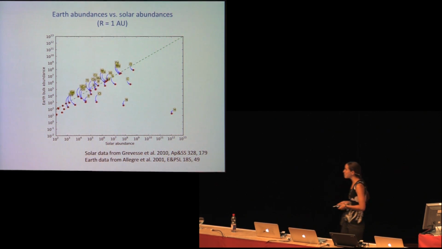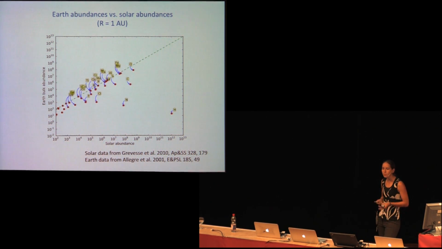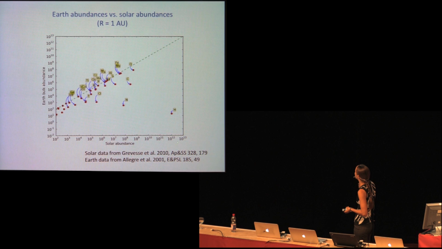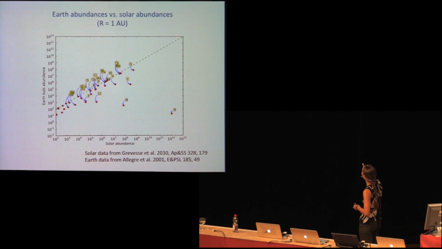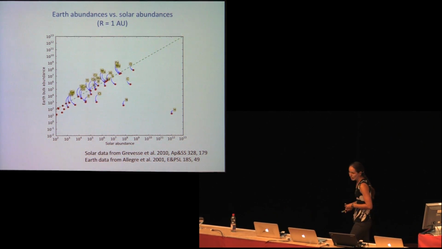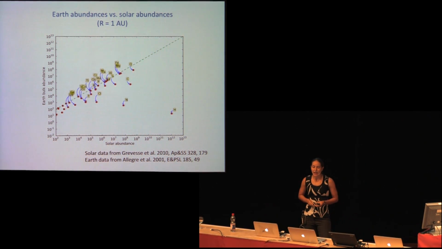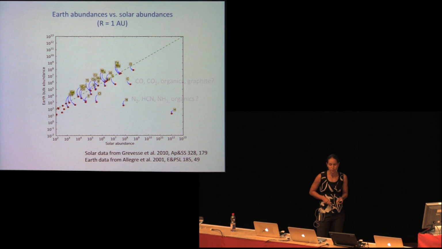And something very dramatic happens if you just move a few AU to the Earth's distance. Now I'm comparing Earth abundances with solar abundances, and what you see is that your noble gases are not even on the plot anymore, and you see quite refractory elements now being depleted from the Earth.